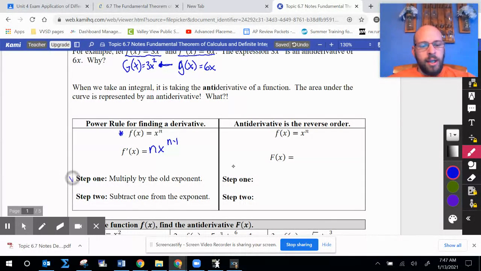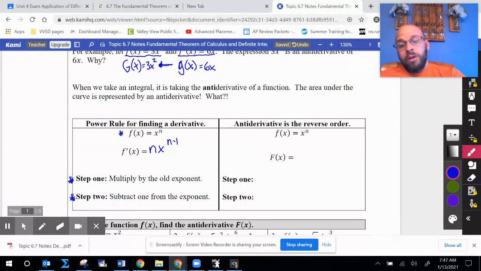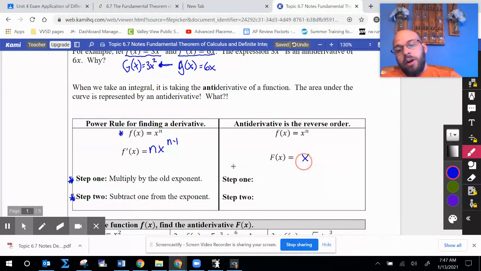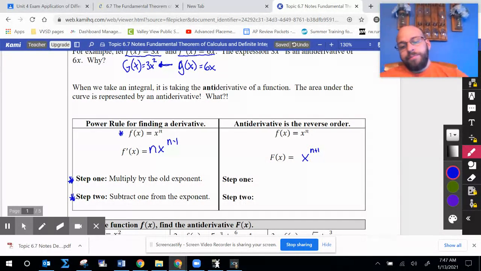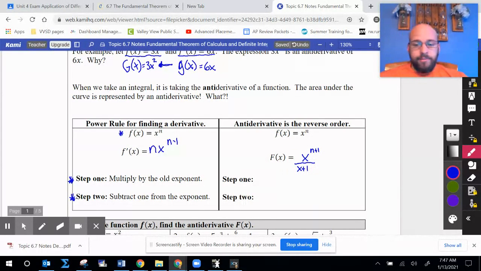So you can see these steps here. If I want to do the antiderivative, I'm going to do the exact opposite, in the exact opposite order. So I'm going to start by raising the power, and then I'm going to divide by whatever that power is.